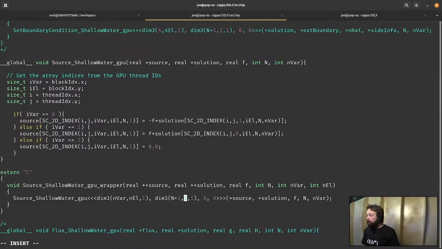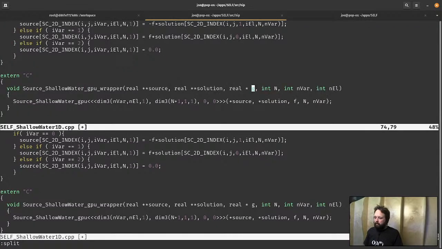So I actually end up using the polynomial degree for determining the number of threads per block, and then the number of blocks just loops over the number of variables and the number of elements that I have. Okay, so what we need here, one, we're going to get rid of this Coriolis force. Let's split it this way and pull up the Fortran code.